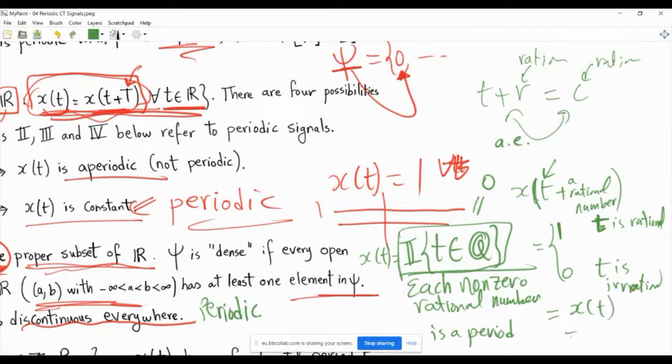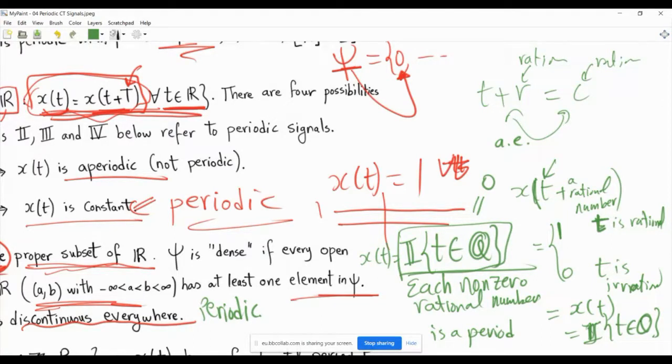This is x of t itself, which is the indicator of t belonging to Q. So any non-zero rational number is a period for this signal, because if you evaluate the function at t plus some rational number, you will get x of t back. So all the rational numbers are periods.